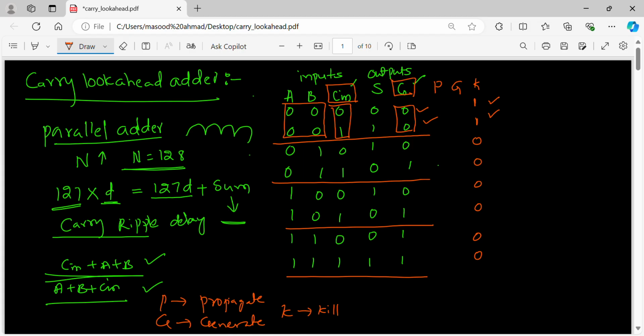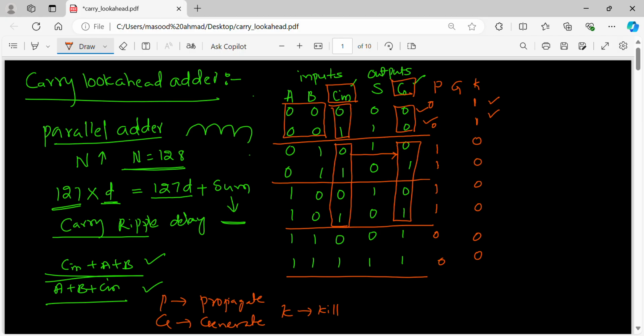But next, for 0, 1 and 1, 0, whatever the carry in is, the same thing appears at the carry out, as if it is propagated to the output. Carry out is nothing but carry in. That is called propagate. So I put propagate as 1 for these cases. For the rest of the cases, carry in is not equal to carry out.